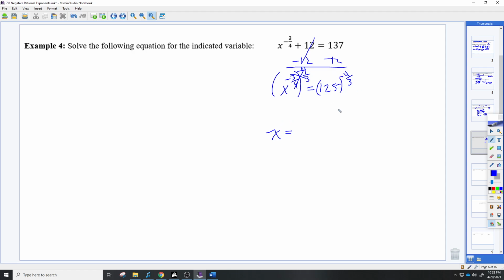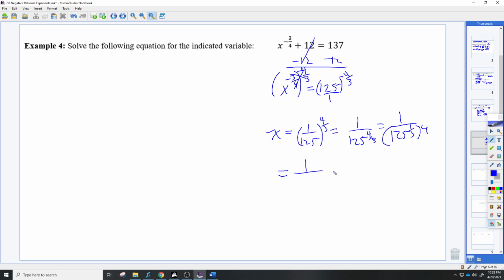You'll probably get a decimal. I'm going to do this by hand. So I'm going to flip this around and make it 1 over 125. I'm going to do this a little bit faster. Becomes 4/3. So that would be 1 over 125 to the 4/3. 1 over 125 to the 1/3 and raised to the 4th.